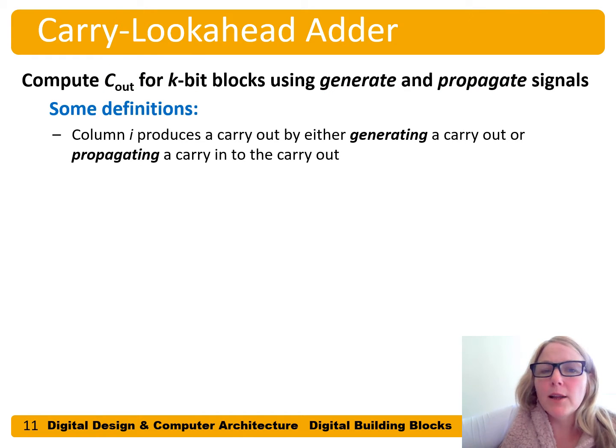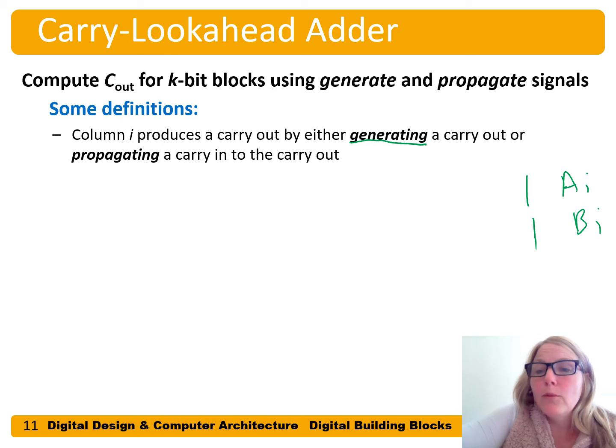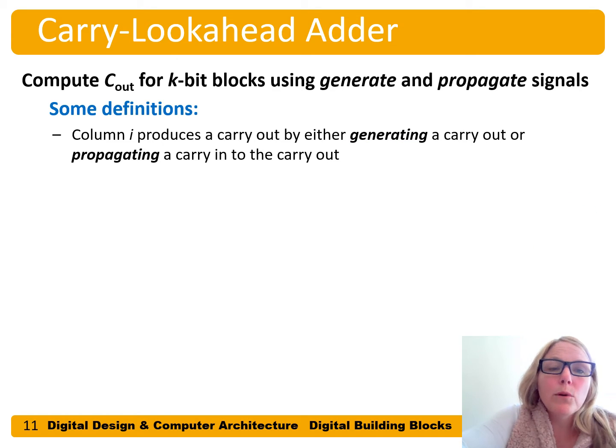So column I produces a carry out. Right, we have our different columns, either generating a carry out of its own self, for example if we had 1, 1 in A sub I and B sub I, it would generate that carry no matter if a carry came in or not. So it either generates a carry or propagates a carry in to the carry out.